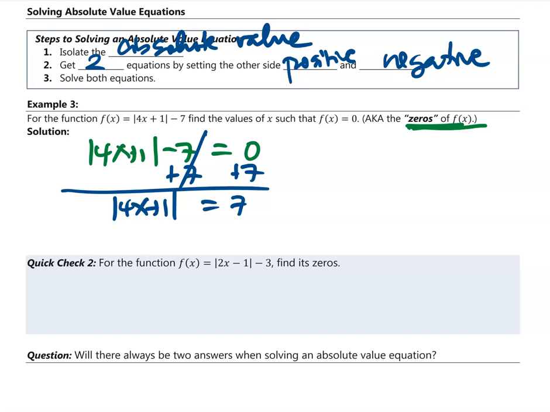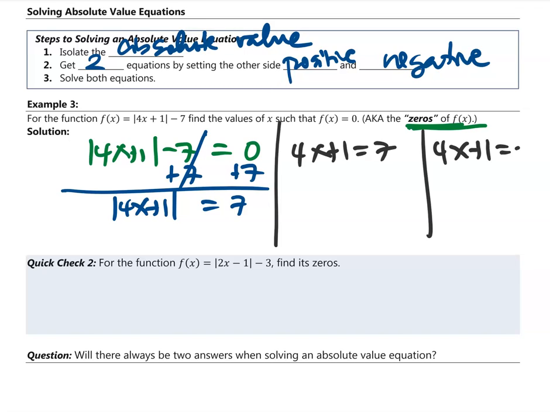And then get two equations: one is positive and one is negative. So 4x plus 1 equals 7 and 4x plus 1 equals negative 7. See, one is positive, one is negative. Now solve for x. Subtract 1, so 4x is equal to 6.